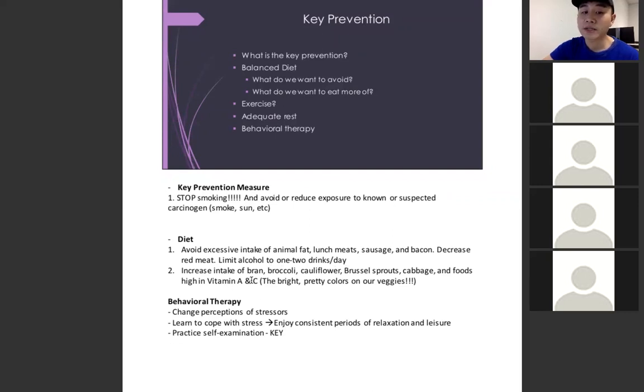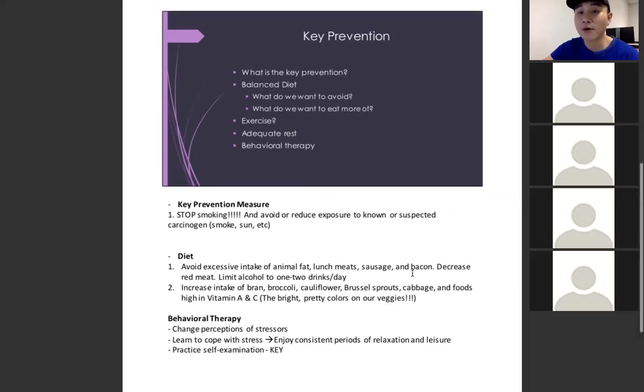We need to increase intake of bran, broccoli, cauliflower, Brussels sprouts, cabbage, foods higher in vitamin A and C, the pretty colors of our veggies. So yeah, just eat a lot of fiber. Fiber is amazing, good for the digestive system, good for your health. So a lot of fiber.